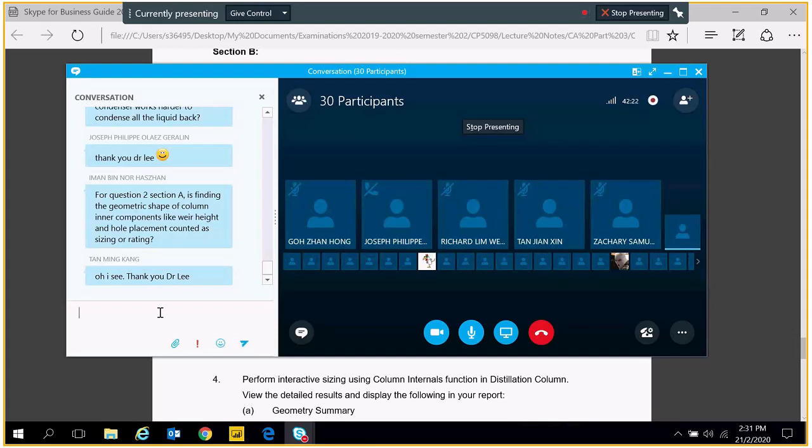But if you really have a distillation column, then you're doing it as a rating problem. So it depends on where we are now. Are we starting from scratch? That is called sizing. But if you already have a distillation column, then we are doing a rating problem.